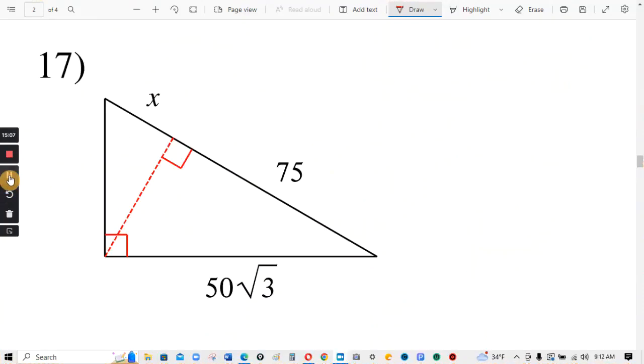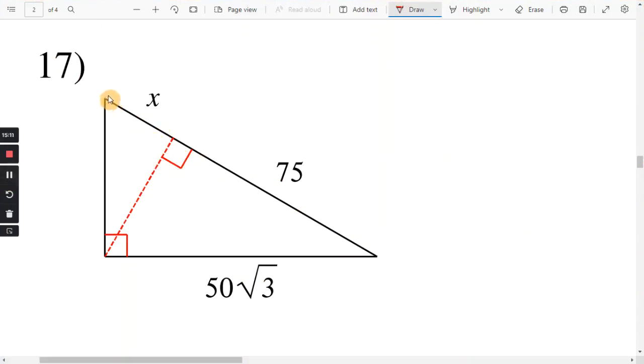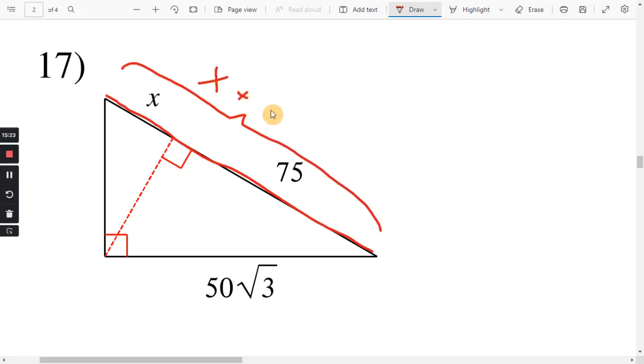Please pause and try number 17, and I'll give you a hint. For this entire side length, what you're going to have to do for this side is add x plus 75. And remember to square both sides in the beginning to get rid of the square roots.